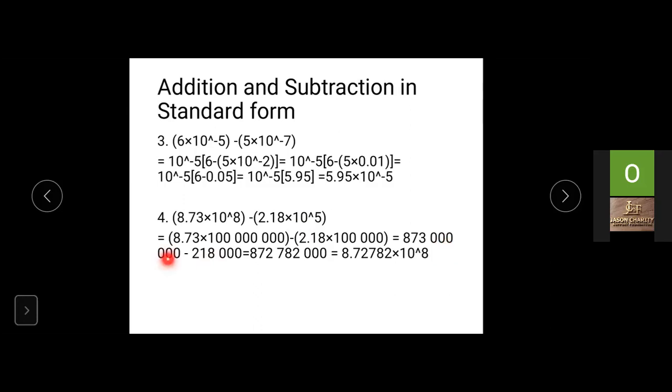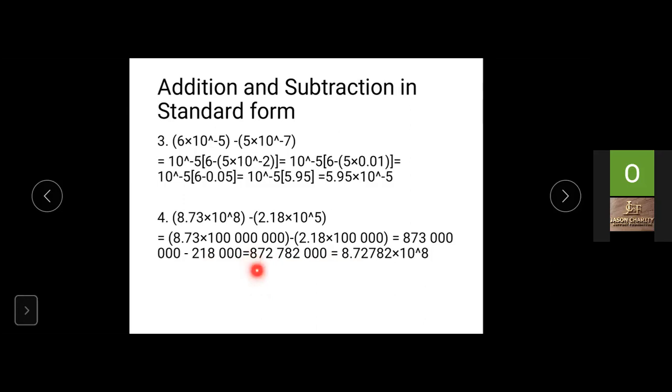When we subtract this, we have 872,782,000. Expressing this in standard form, we know that our decimal point always comes after the first digit. So we have putting our decimal point after 8. That means we have to the power of what?